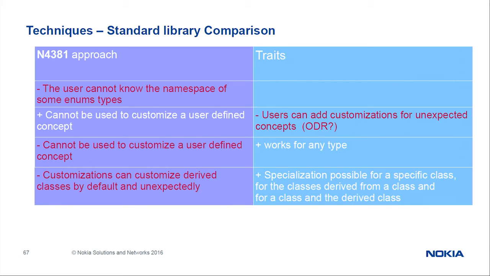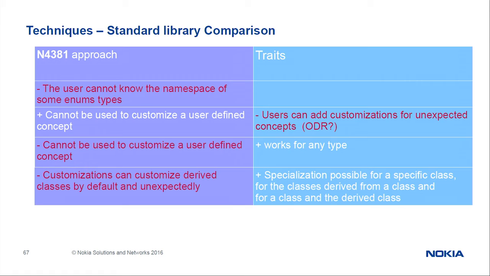The standard has this philosophy that for things that are different in the standard, we don't want the user to change them too much because we expect to have a well-defined behavior.